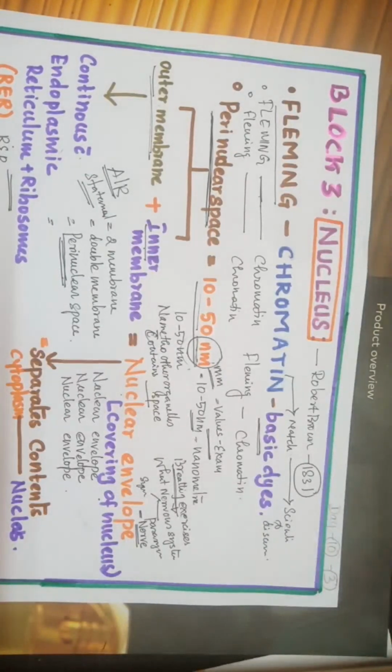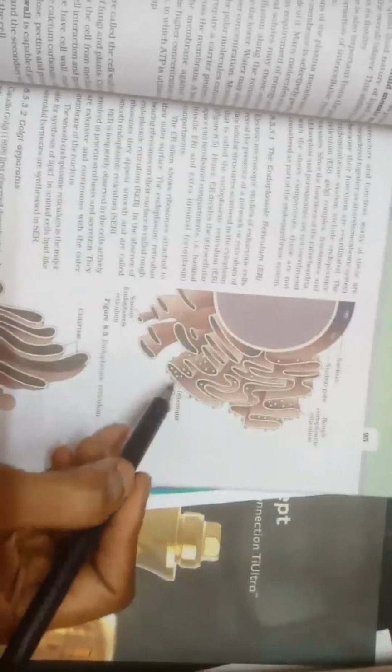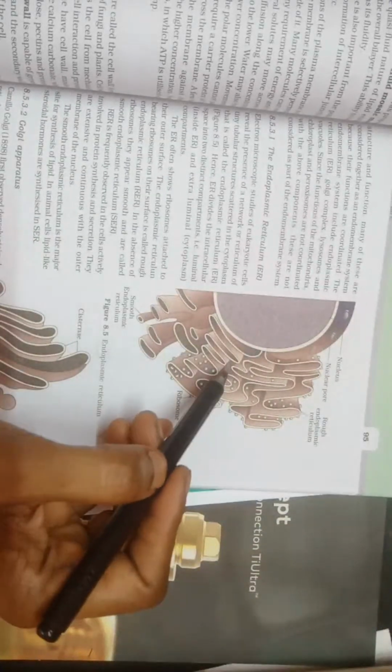So it has got two membranes, outer membrane and inner membrane. Outer membrane is continuous with the endoplasmic reticulum. This is one important point. They will give you and ask you to check the facts about the nucleus. See, I am showing here in the NCERT book itself.